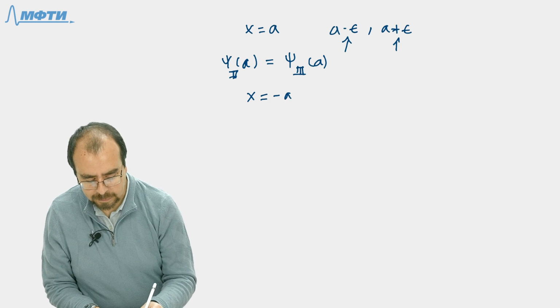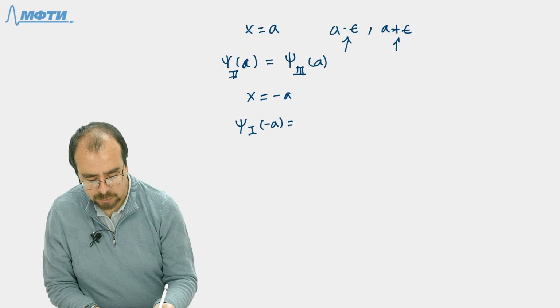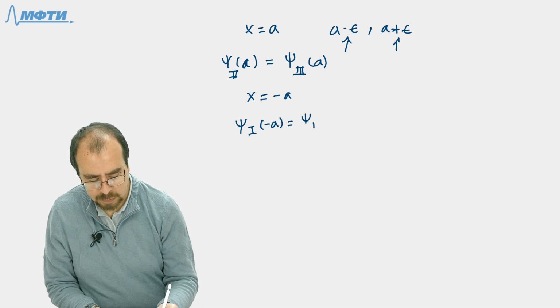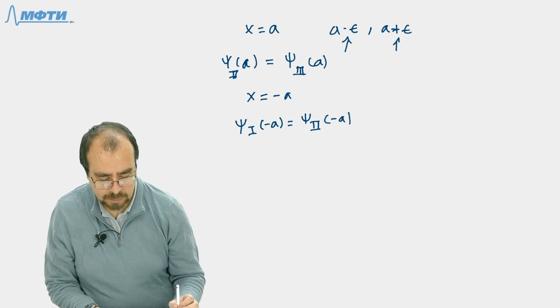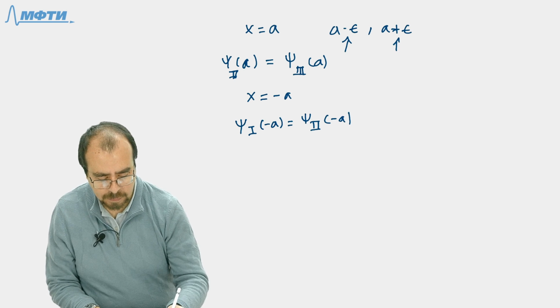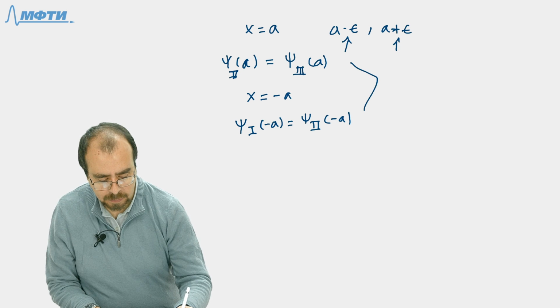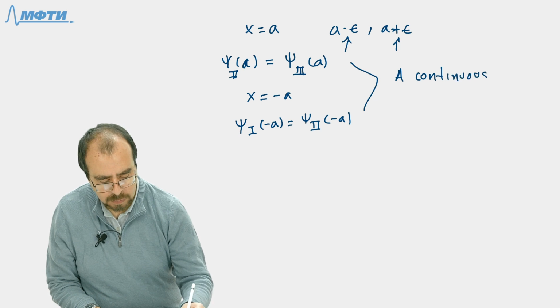In that case, psi 1 of minus a must be equal to psi 2 of minus a. So these are the two conditions that we have. This implies a continuous wave function.